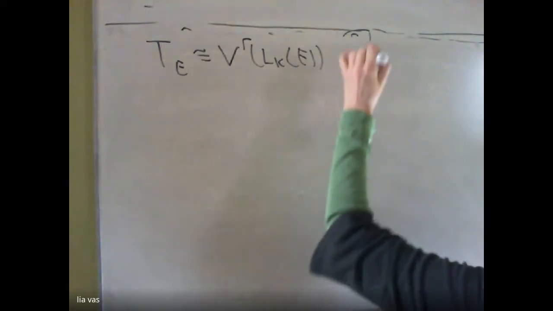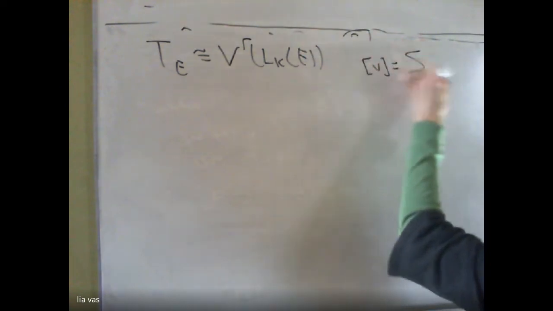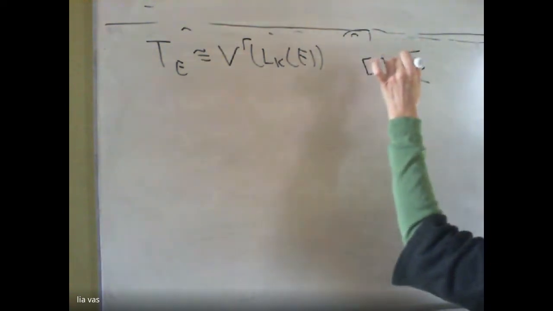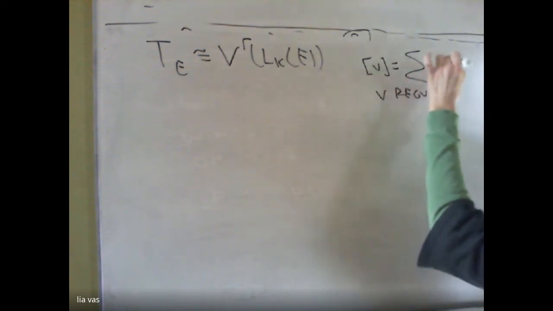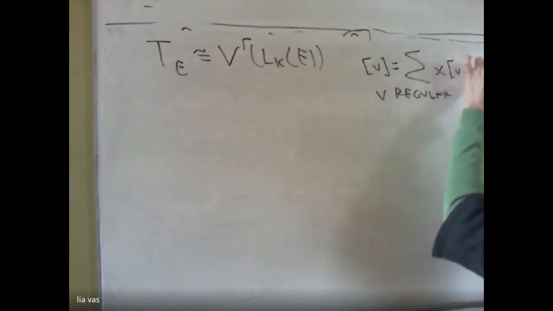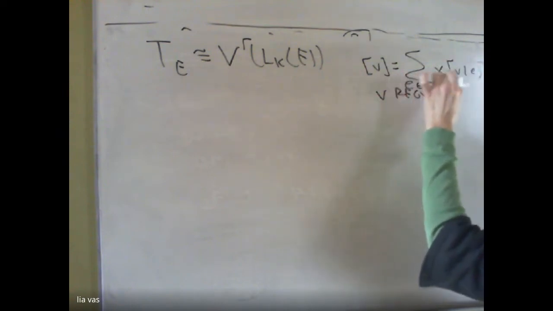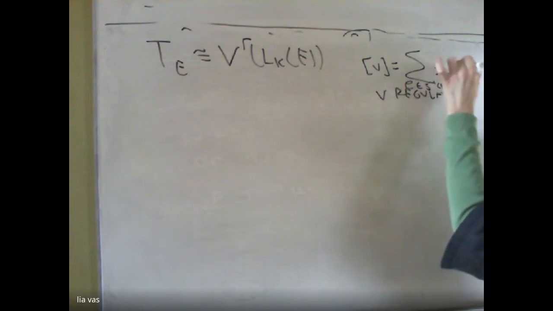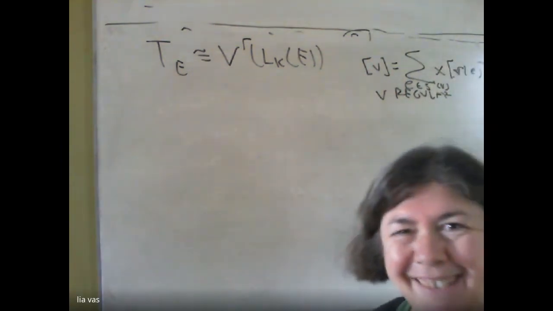And how is it defined? Vertices are generators, and the defining relation is that every regular vertex v is the sum of x times r(e), where e is in the source inverse of v, as before.